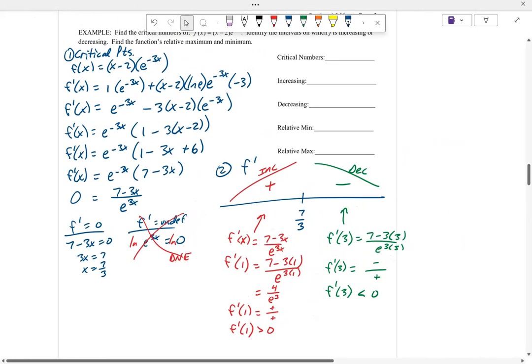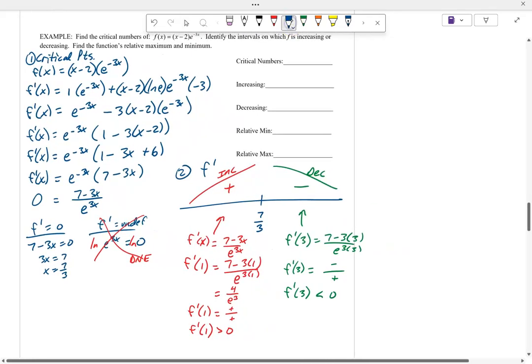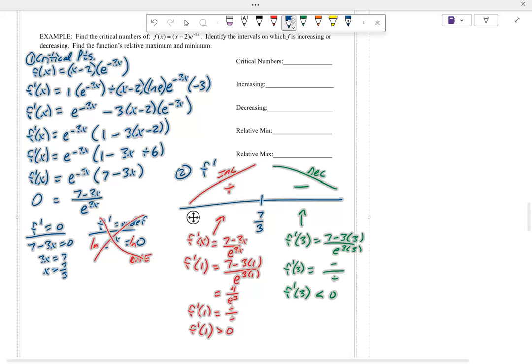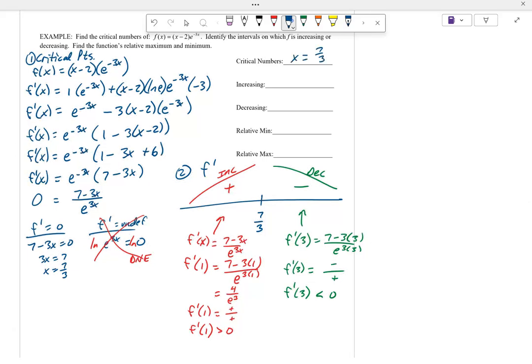So let's go ahead and note these. Our critical number here was simply 7/3. We were increasing from negative infinity up until 7/3. We're decreasing after 7/3. We don't have a relative min because it doesn't decrease then increase, so not applicable.